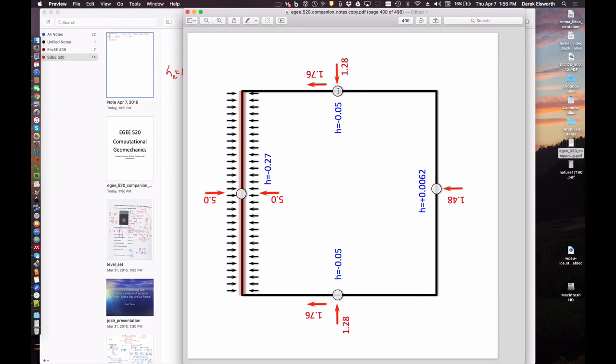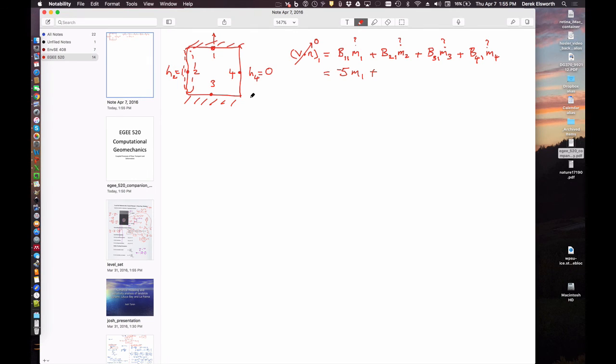And so the magnitude of the velocity in the direction of the outward normal here is 1.28, but it's in the opposite direction. The outward normal is in this direction, pointing upwards. The flow is in this direction, so the magnitude of that velocity is -1.28, just from the geometry. So let me get rid of this.